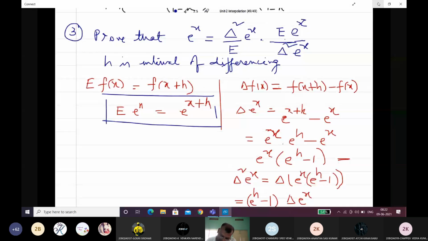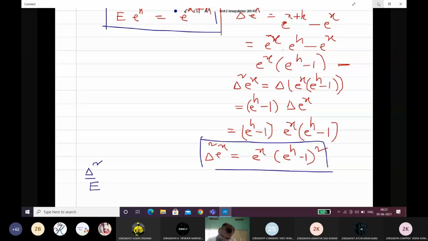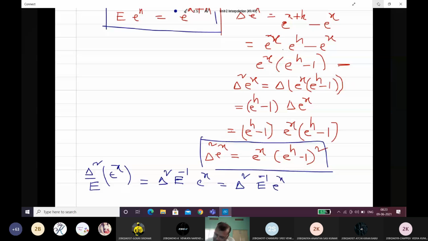Delta square by e is nothing but delta square into e inverse of e power x, right? Now that is equal to delta square e inverse of e power x.